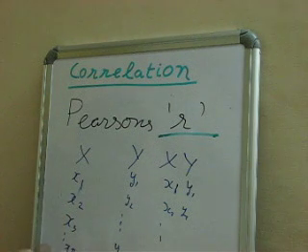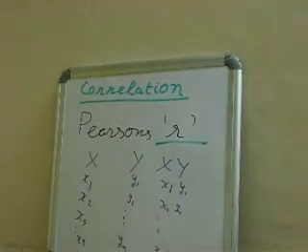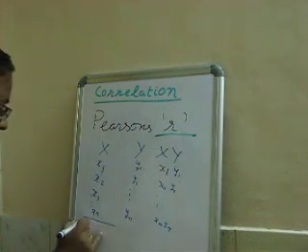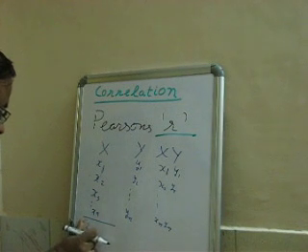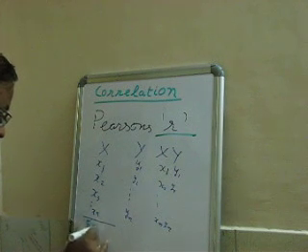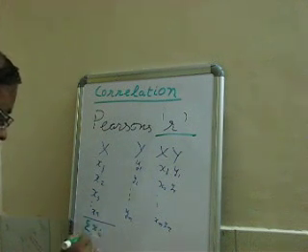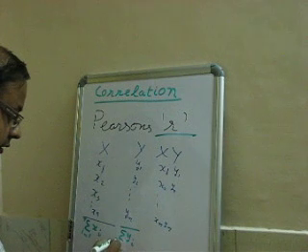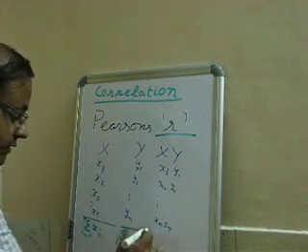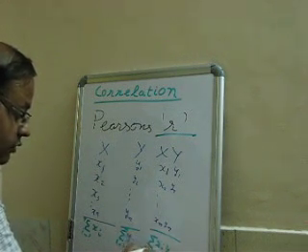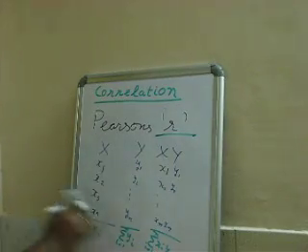Then you take the sums: summation of xi, i equal to 1 to n, summation of yi, i equal to 1 to n, and summation of xi yi, i equal to 1 to n. So we have these three values.